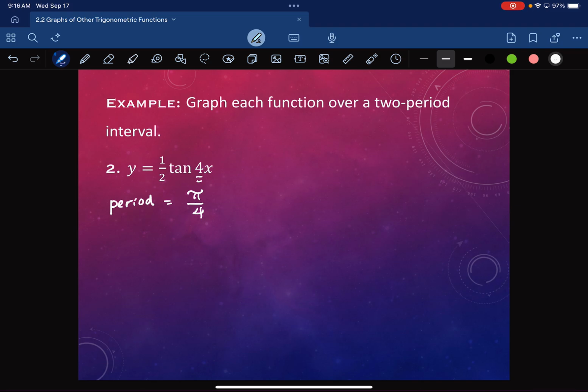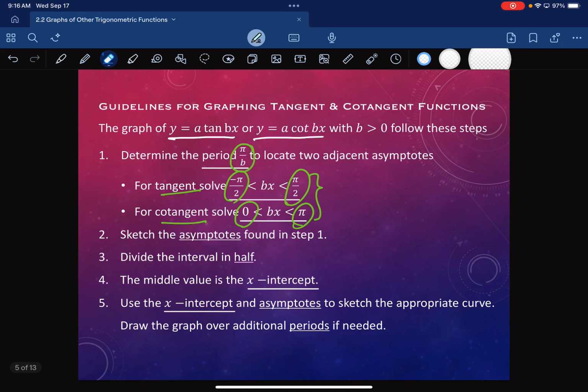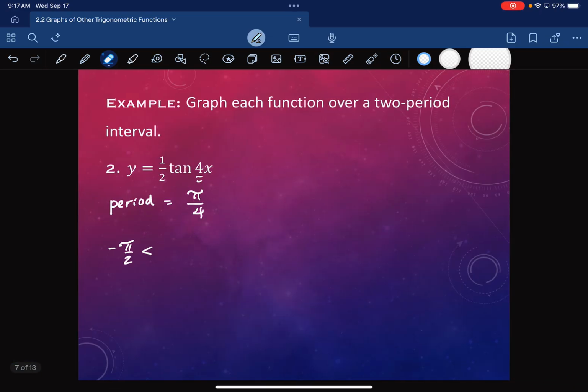So the period is typically negative pi over 2. These are also strictly less than signs. I don't know if I wrote that right on the previous slide or not. Let's see. I did not. The reason they're strictly less than signs is because we actually have asymptotes at those values. They are strictly less than signs on the actual guidelines. Okay, so on this then, we've got typically negative pi halves to pi halves.